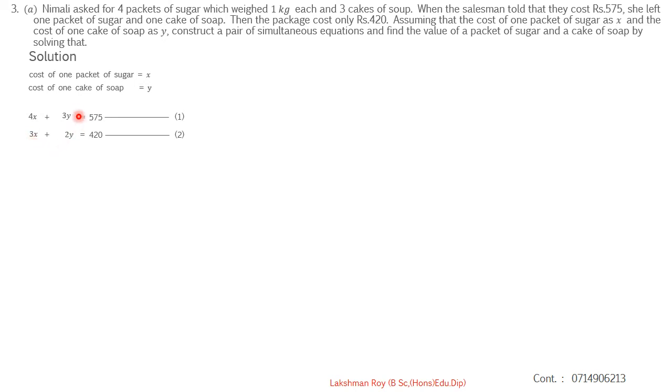Same with y: here 3y, here 2y, so the coefficient of y is 3 and here 2, not equal, so you can't remove. Now the next step: make the coefficient of x or y equal.